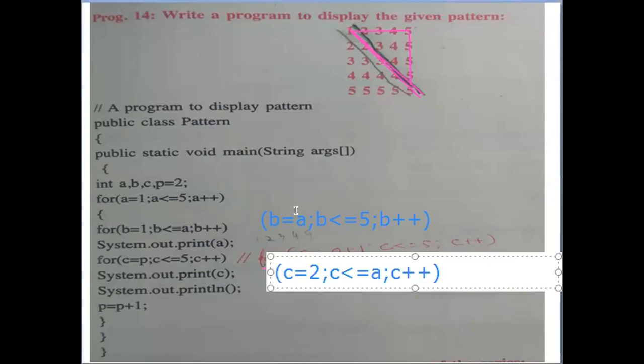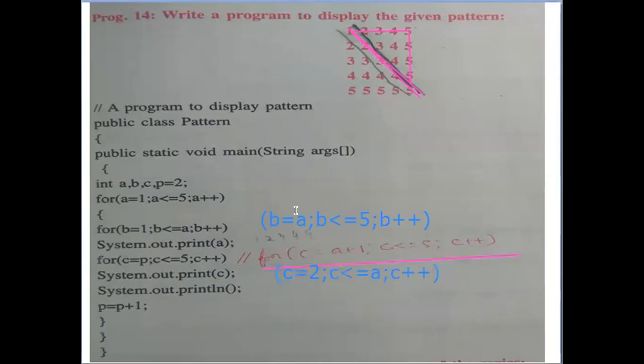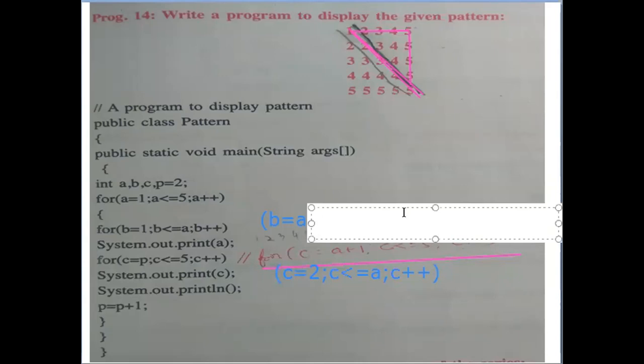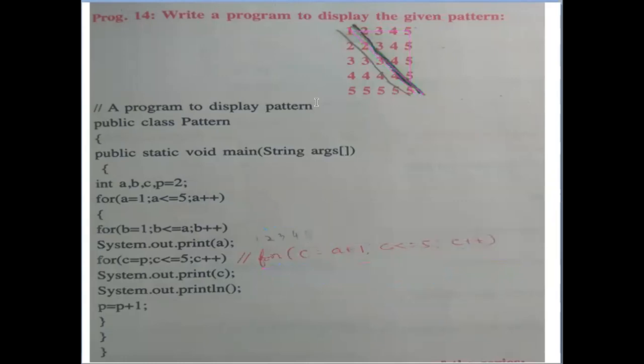Otherwise, here only we can make B is equal to 2. B is less than or equal to, because the first time we should not print anything. Here I must make a change.